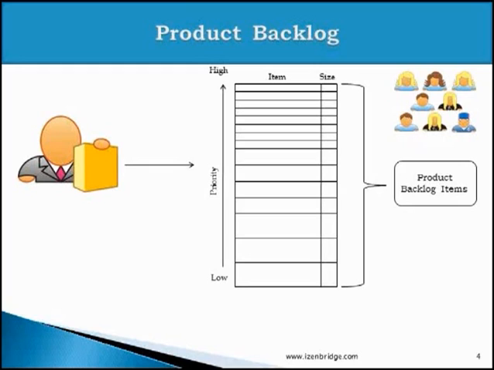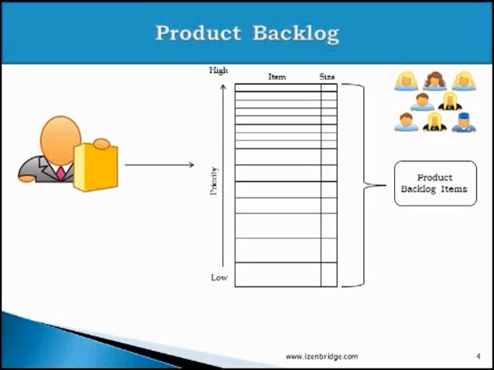So let us look at what this product backlog is all about. A product backlog is an ordered list of desired functionality of a product. So whatever functionality we want to get developed in a product, we list them in the order of priority, and we call this particular artifact a product backlog. Product backlog is one of the artifacts of Scrum.